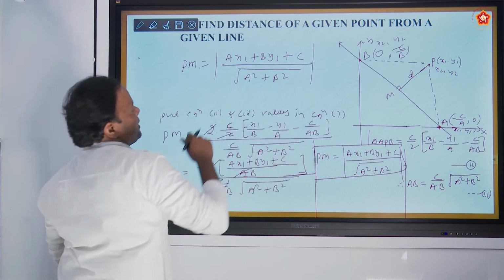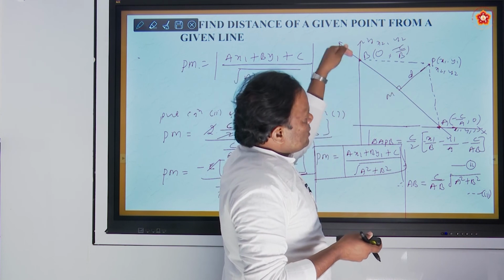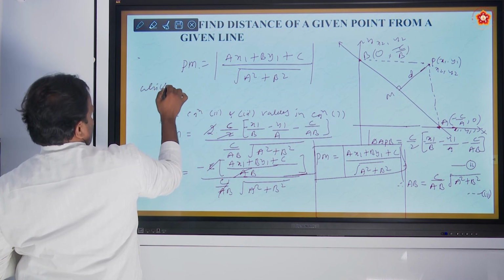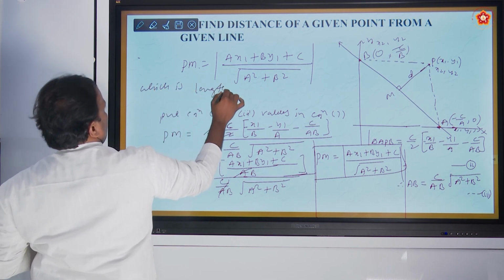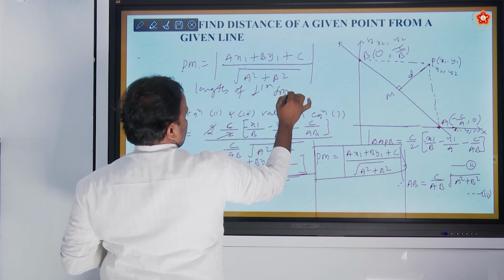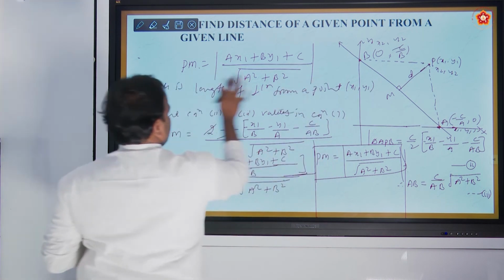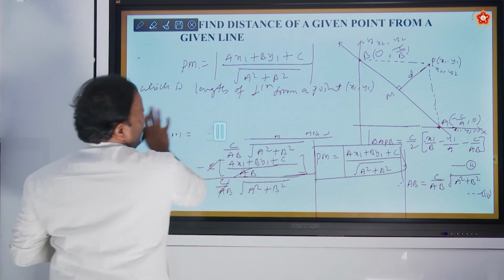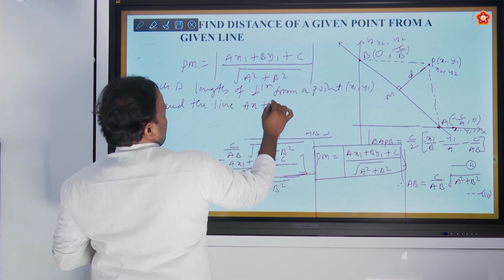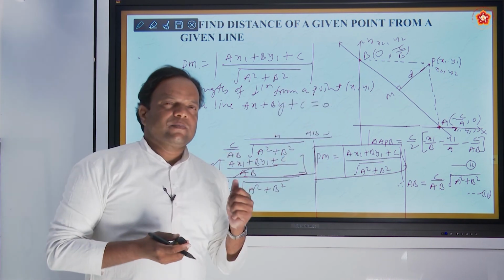This is the length of perpendicular, or the length from the point x1 y1 to the line AX plus BY plus C. This is the distance, the length of perpendicular from a point x1 y1 and the line AX plus BY plus C equal to 0. This is our theorem. Very simple.